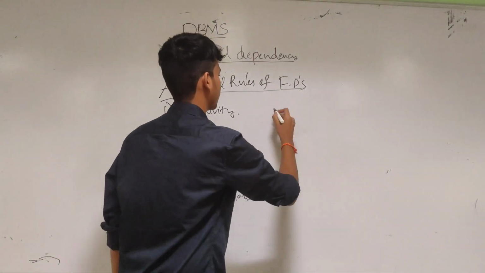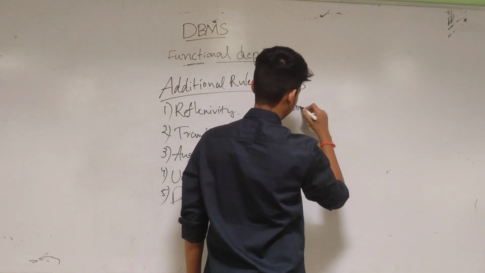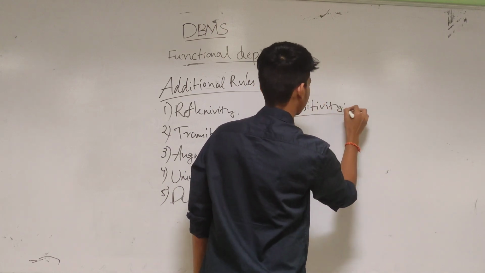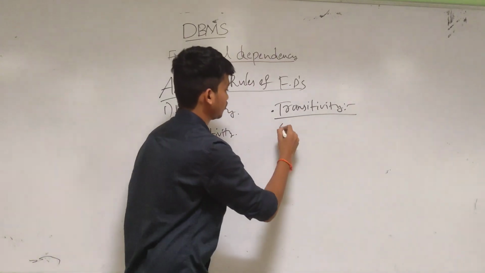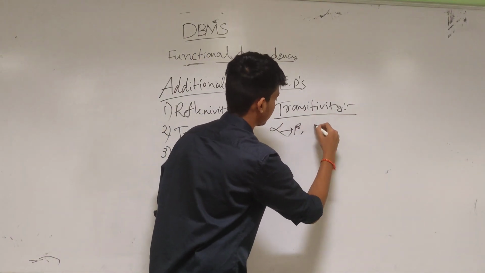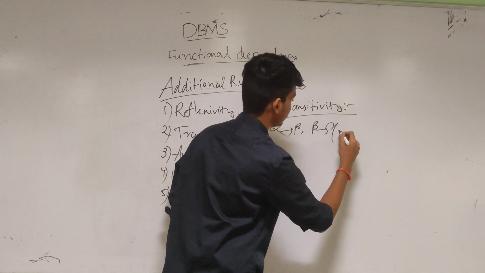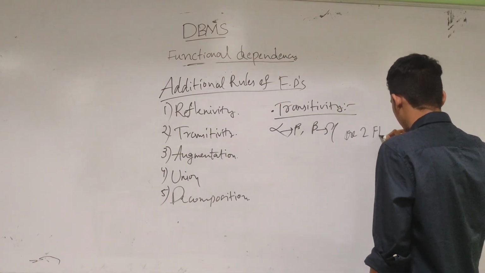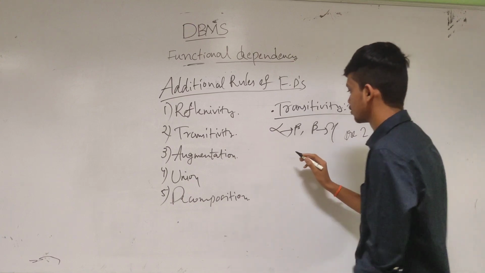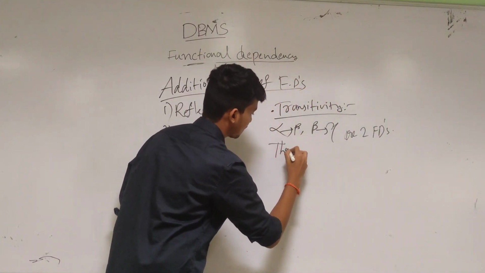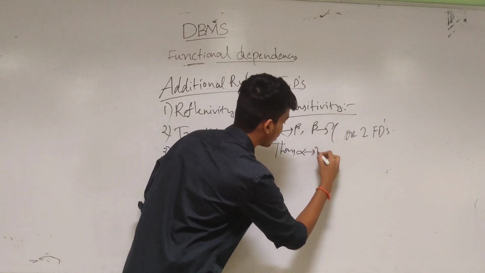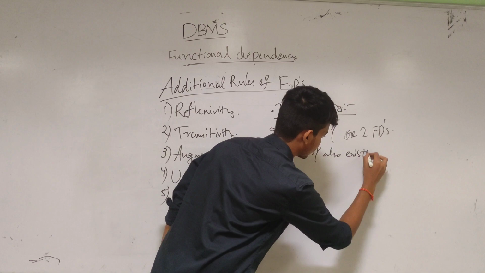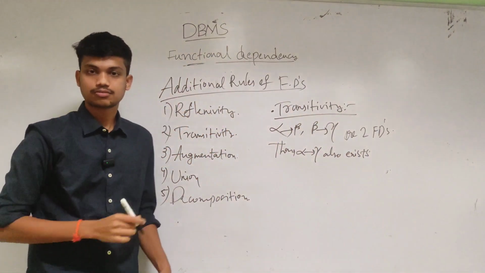Now transitivity. Let us say alpha to beta and beta to gamma are two functional dependencies. Then alpha to gamma also exists. This is transitivity.